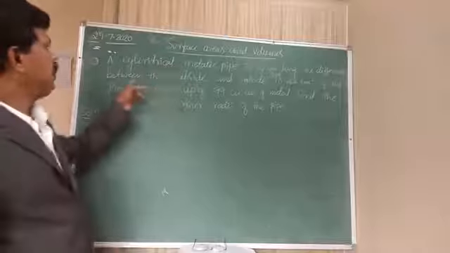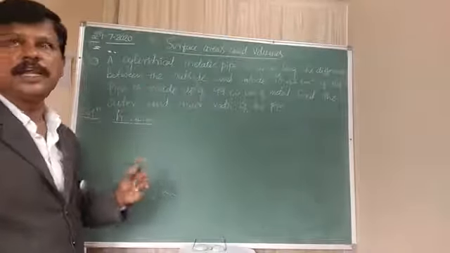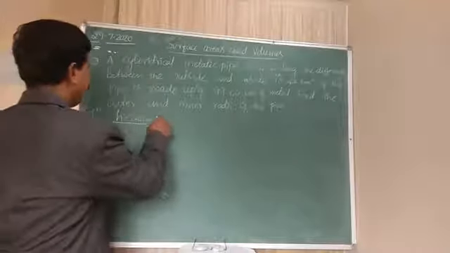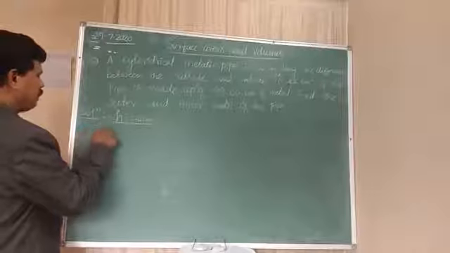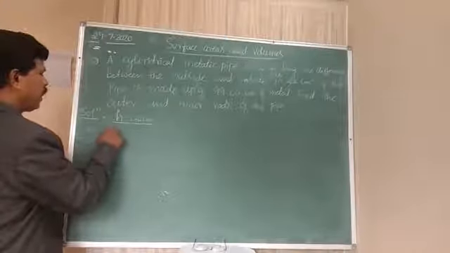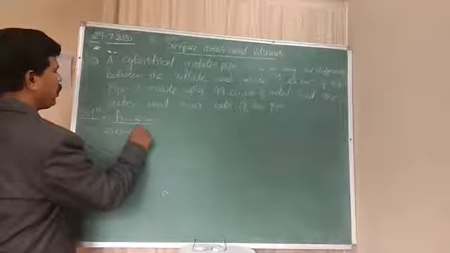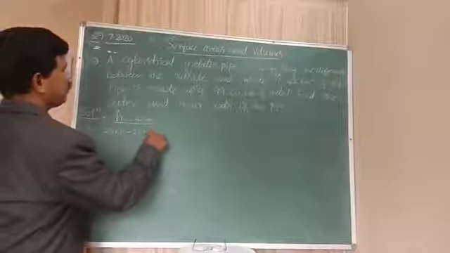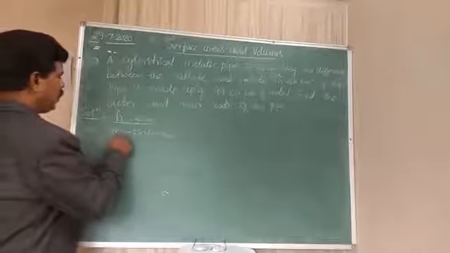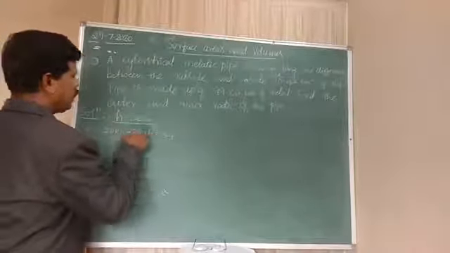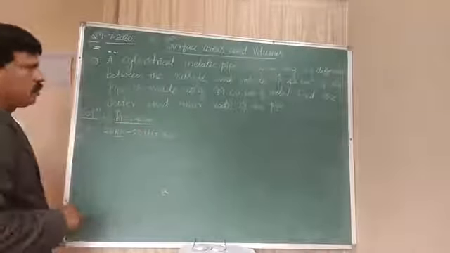The difference between the outside and inside area is given by this, the first part they gave. The second part is given by 2 pi Rh minus 2 pi rh is equal to 44. So this is the outside area and inside area, and the difference between these two is 44 square centimeter.